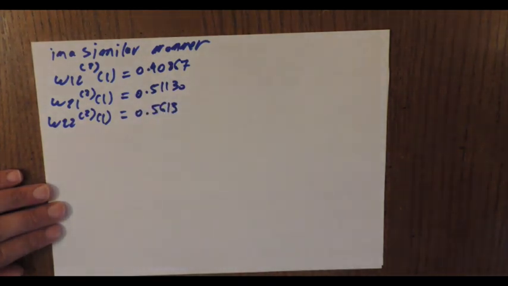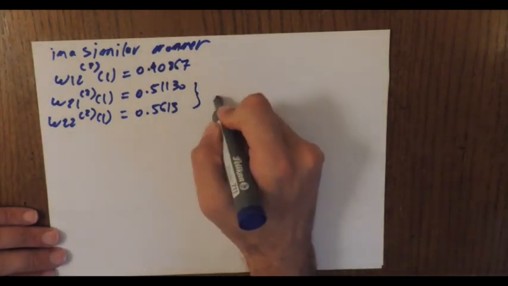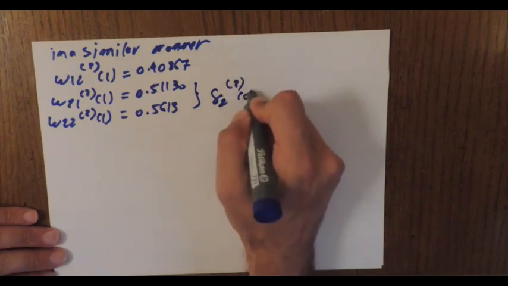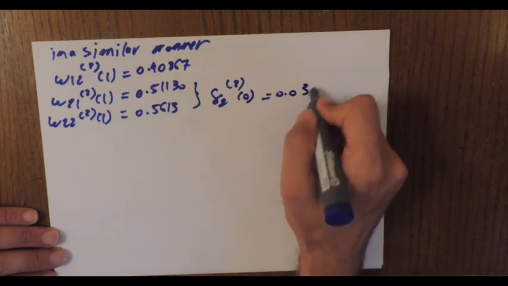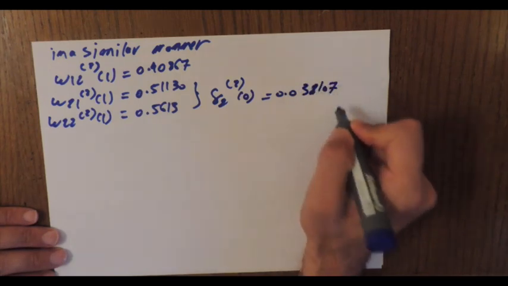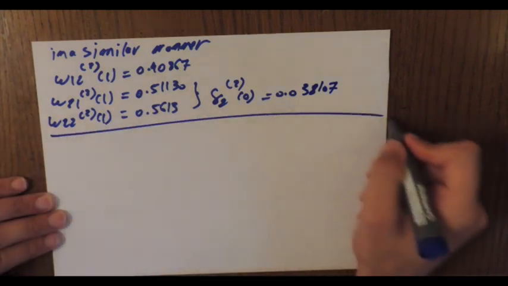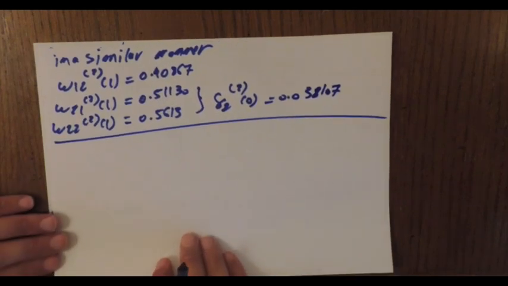And of course, for these two, the second local gradient is equal to 0.038107. Okay, now this is for the case of the output neuron.